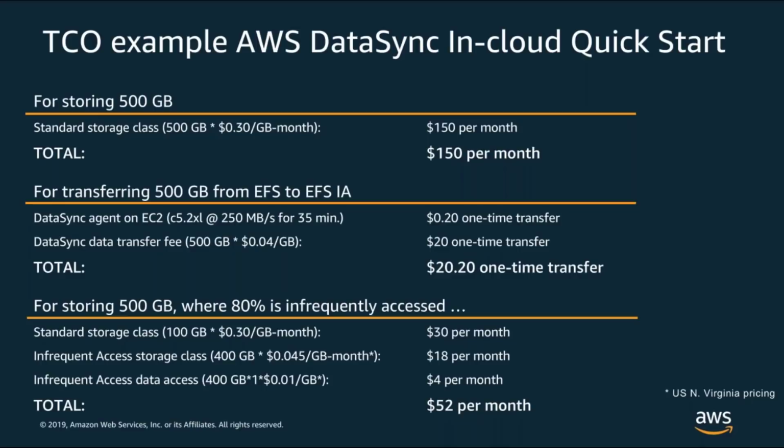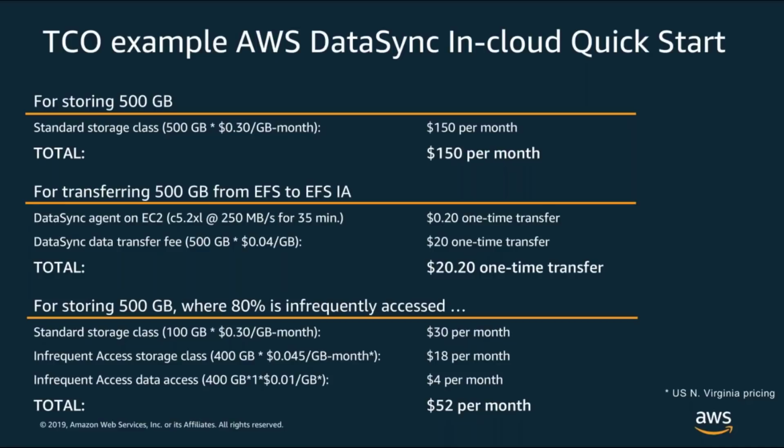If you wanted to take advantage of EFS IA and get your monthly storage costs down to $52 per month, because 400 gigabytes of data is actually infrequently accessed, you would use the AWS DataSync in-cloud transfer quick start and scheduler to transfer all 500 gigabytes of data to a file system that supports EFS IA with Lifecycle Management enabled.